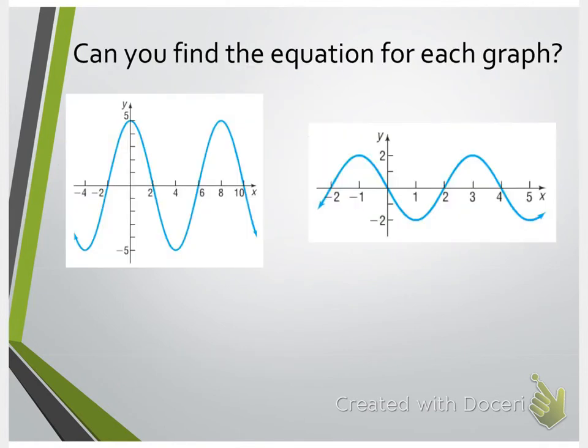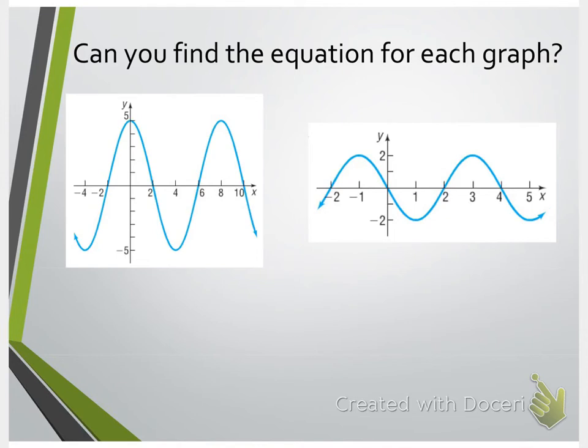All right. So, how about this? Can you do it backwards? Can I give you a picture, a graph of a function, and you give me an equation? It'll get more fun after we've done the horizontal shifts left and right, but since we haven't done that yet, we can look at them and figure out which one's cosine, which one's sine.